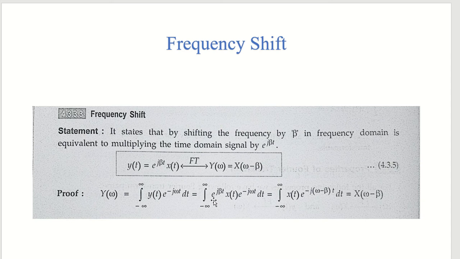So here you are taking the Fourier transform of your input signal y of t. And the value of y of t is of course e raised to j beta t into x of t. So by taking the Fourier transform, we will get the integral from minus infinity to infinity of my signal, which is e raised to j beta t into x of t, into e raised to minus j omega t into dt.